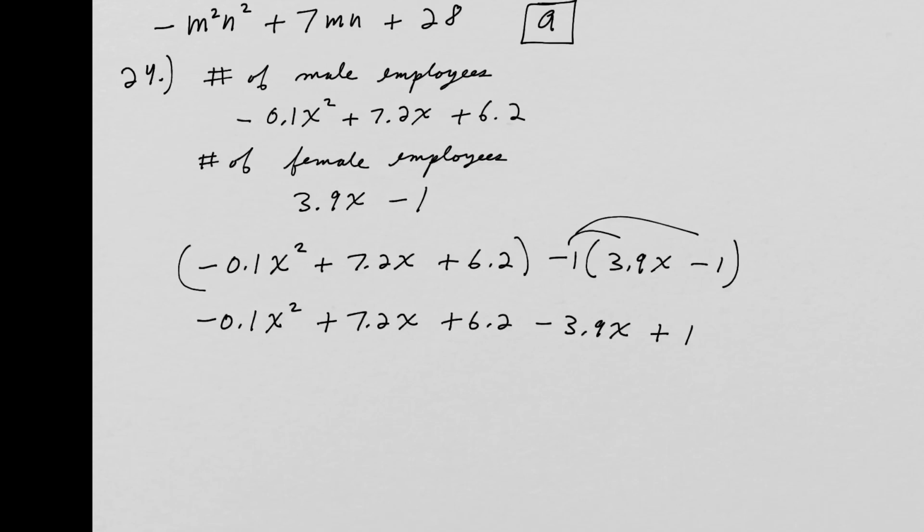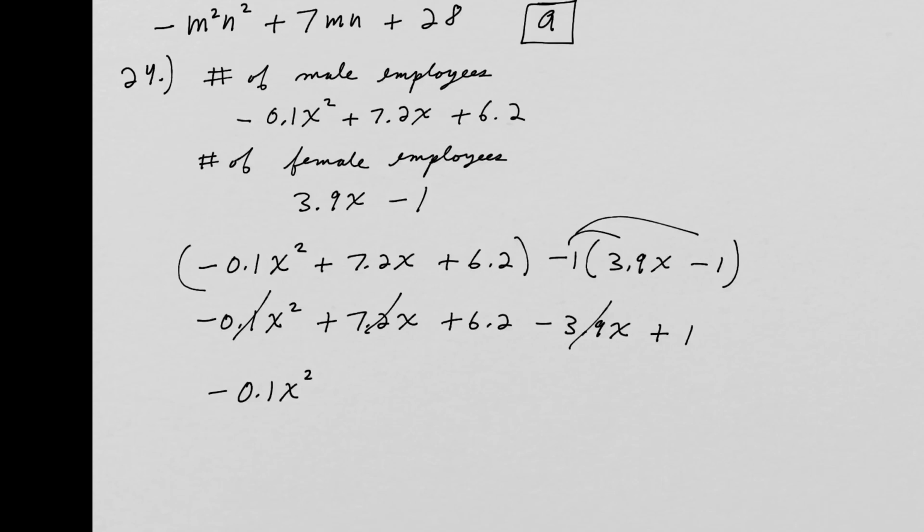It changes both of the signs because I'm multiplying both terms by negative 1. Now I'm just going to combine like terms. Well, the only x squared term is the first one, so that just stays 0.1x squared. And then I have 7.2x minus 3.9x.